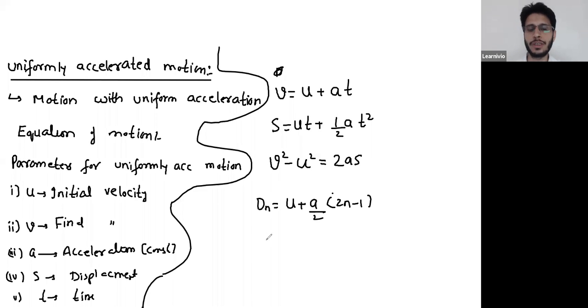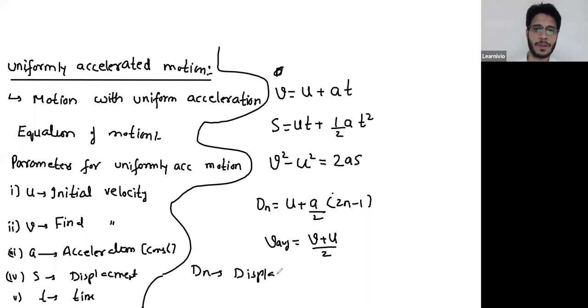And just one more thing: average velocity is (v plus u) by 2. This is how we can calculate average velocity. Here dn is displacement covered in the nth second.